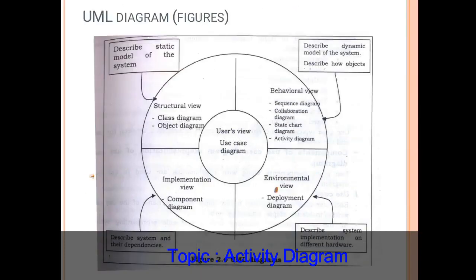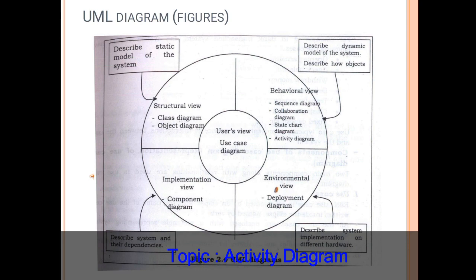See here, this is our behavioral view of UML diagram. The UML behavioral view consists of sequence diagram, collaboration diagram, state chart diagram and activity diagram.